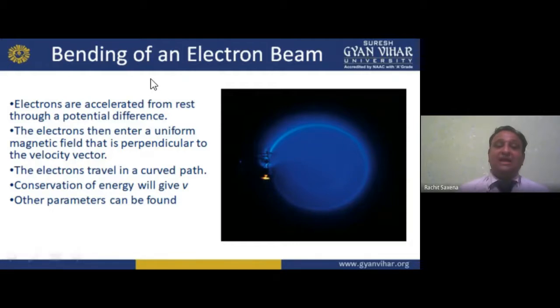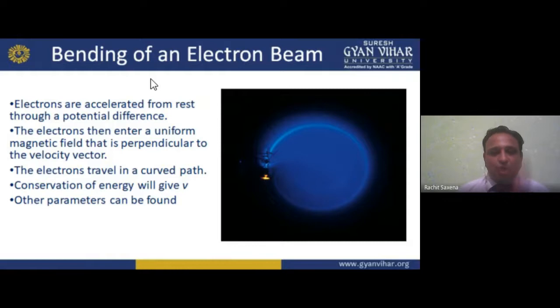Now electrons are accelerated from rest through a potential difference. My dear students, if I am talking about electrons or charges, what happens if we have a potential difference between two points, one and two? Due to the difference, a force is exerted on the charges. Due to this acceleration, the charges move from one place to another. If they are moving, it means the rate of flow of charges takes place, which we call current in the electrical field.